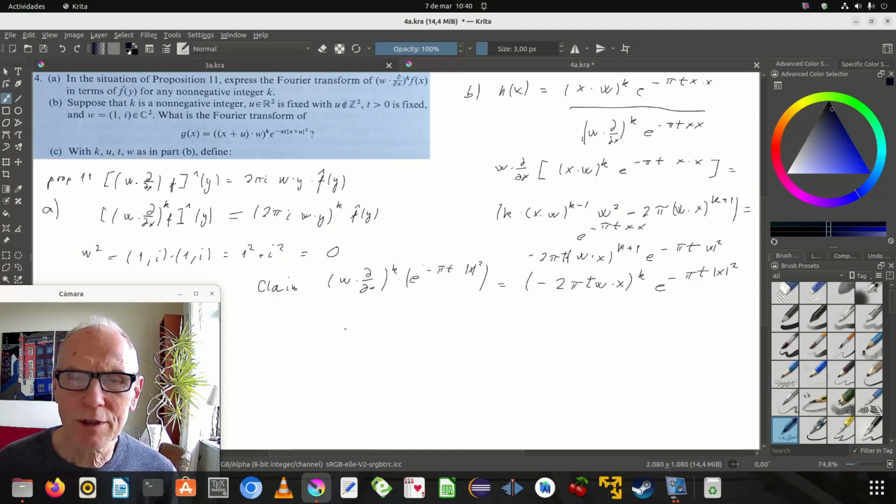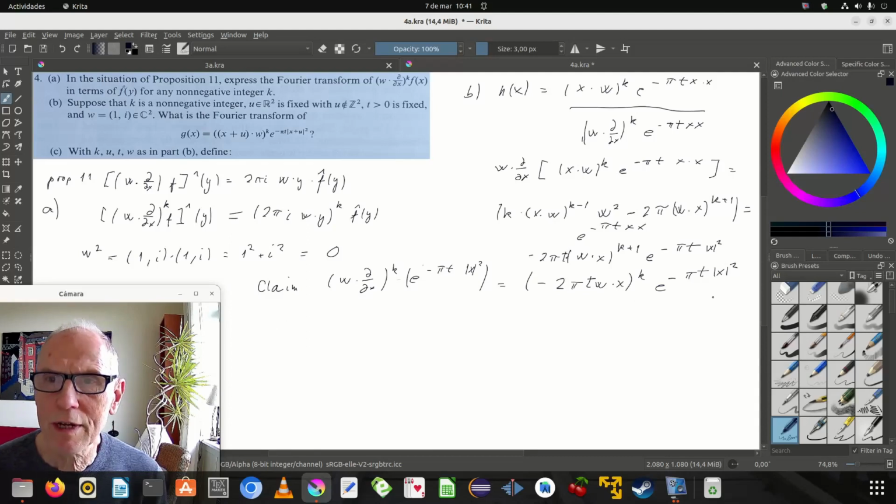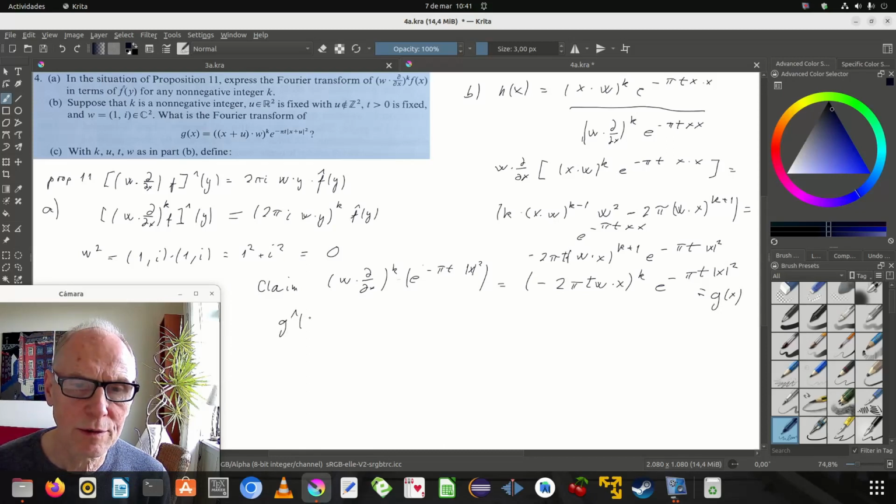And that means that the Fourier transform of this guy we call, what can we call it? G of x, G hat of y. And now we can use part A, because this is what we've got.